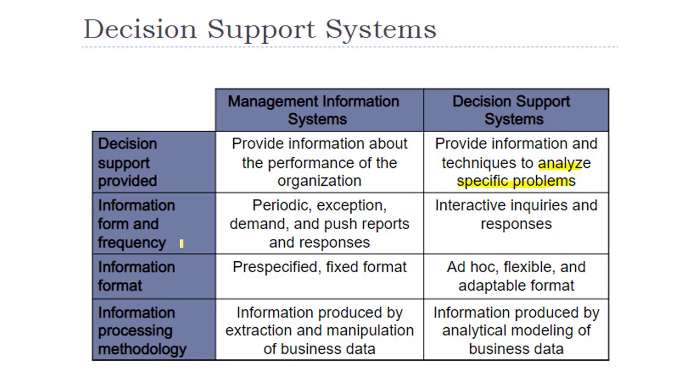With regards to information form and frequency, MIS is periodic, exception, demand, and push reports and responses, while DSS is interactive inquiries and responses. In terms of information format, MIS is pre-specified or fixed format, while DSS, as stated here, is ad hoc, flexible, and adaptable format.